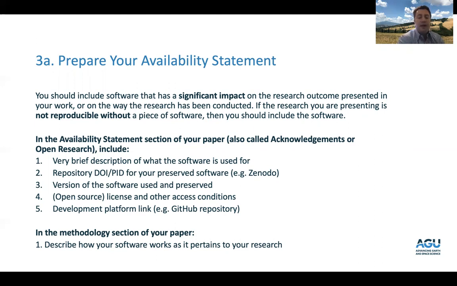And so in that gray area, you need to explain the access conditions for others as well. And then the development platform link, again, the popular example of GitHub, linking to where your software resides in a repository on GitHub. And then a methodology section of your paper, describing how your software works as it pertains to your research.